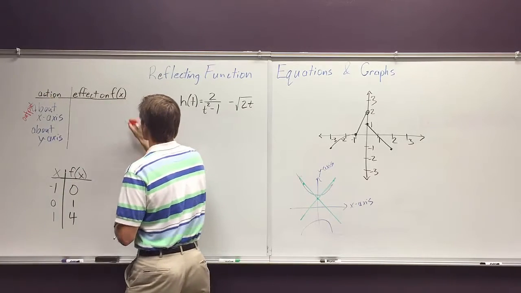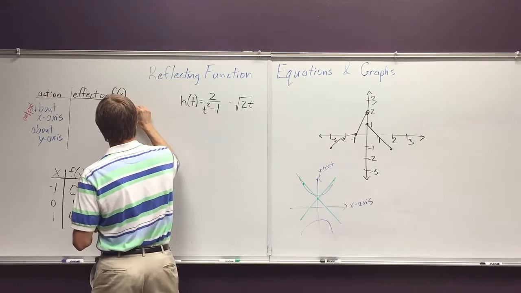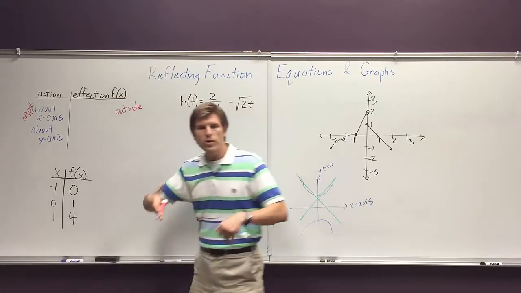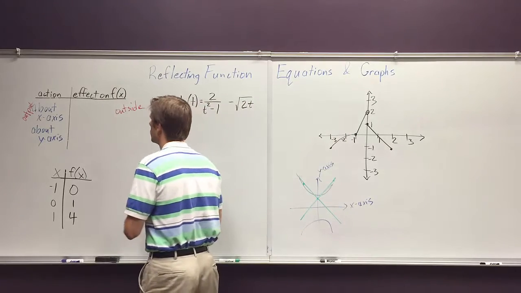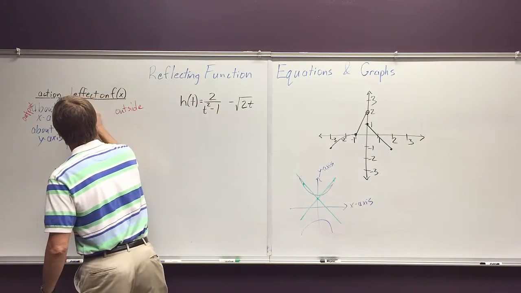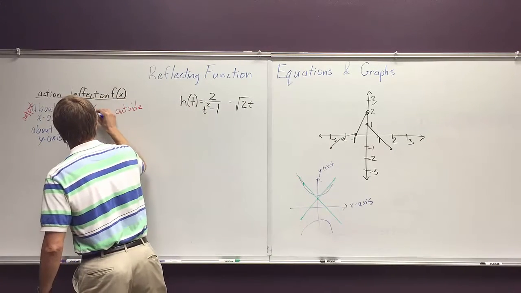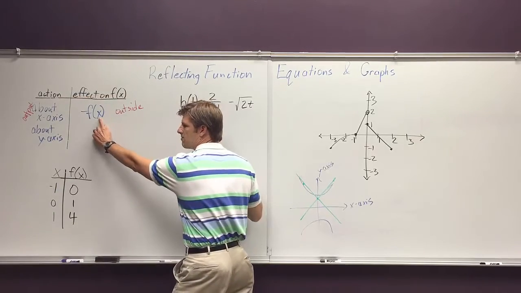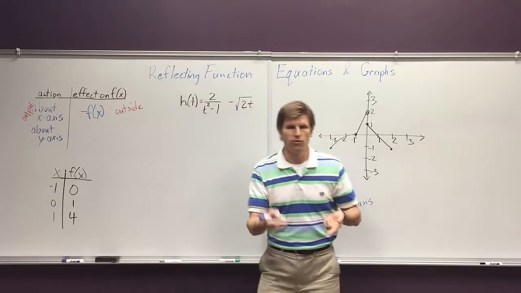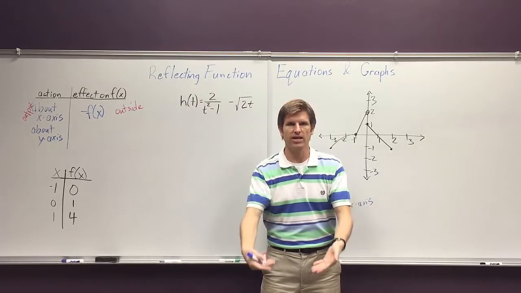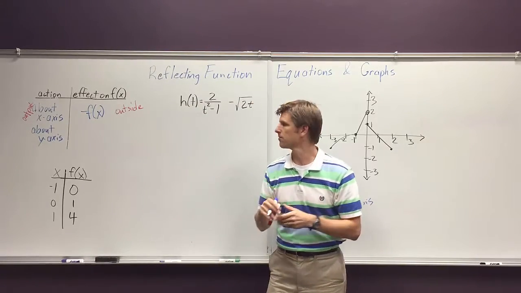So we need to do something on the outside of the equation. We want positive values to now be negative values. So what do we do? We make the equation negative f of x. In other words, put in the same input as we had before, get the same output, but reverse the sign. So positive numbers are now negative, and negative numbers are now positive.